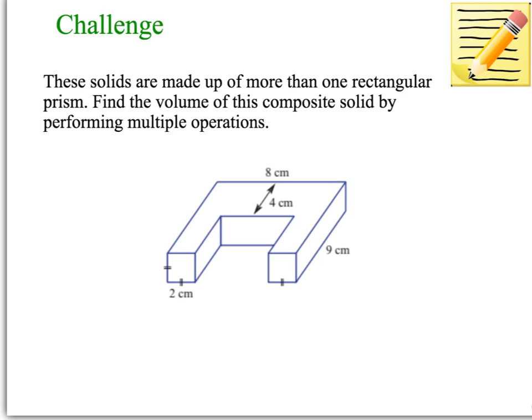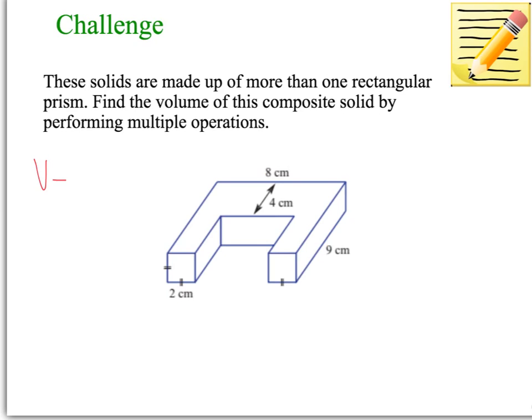Okay, so first of all I'm going to work out the volume of the total shape, not taking into account the hole in it. We have the length of 8 centimeters, the width of 9 centimeters, and the height is actually 2 centimeters. You can see here that these are the same, so the height is 2 centimeters.